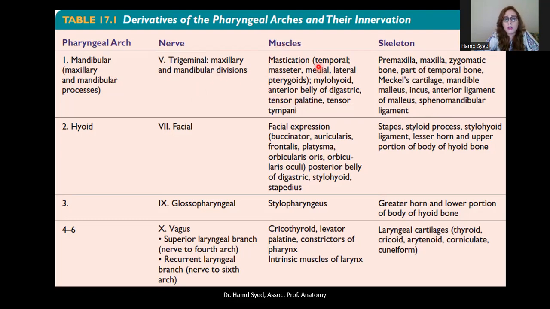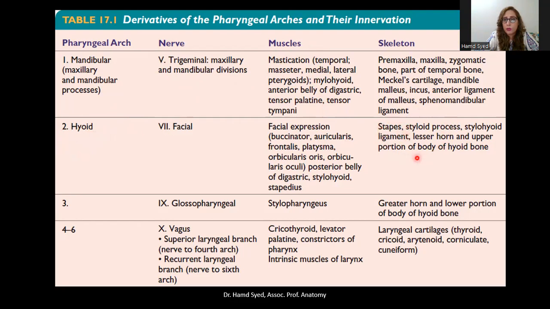The muscles which are derived from the first pharyngeal arch are the muscles of mastication, that is the chewing muscles, namely temporalis, the pterygoids, and masseter. Also mylohyoid, anterior belly of digastric, and the two tensor muscles, which are tensor palatini and tensor tympani. Let's look at the second pharyngeal arch, which is the hyoid arch.